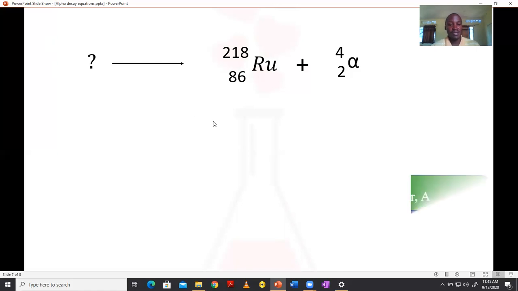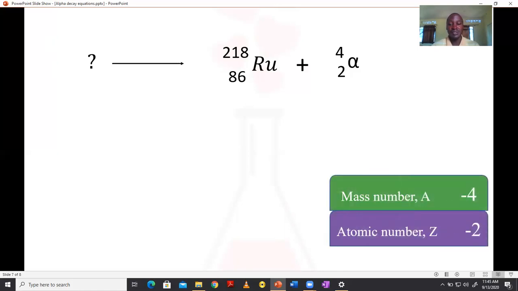Yes, thank you. I believe you are able to find out. Simply you have to follow the rule that the mass number will always decrease by 4 and the atomic number will decrease by 2. So if the atomic number is 86, that means the element that underwent this alpha decay must have had 86 plus 2, which is 88.